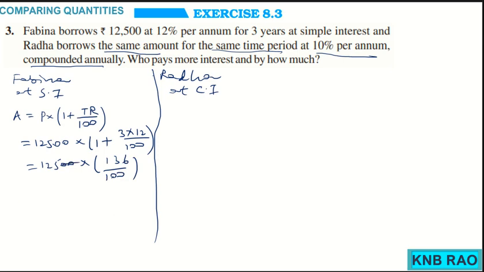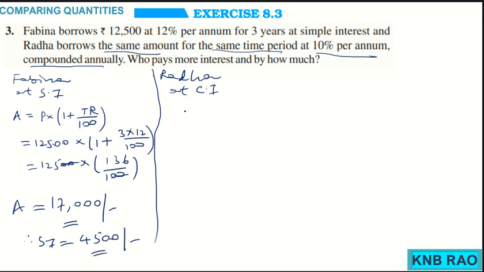Straight away I am finding the amount, in the case of Fabina, 17,000 is the amount. Therefore, simple interest will be the difference between 17,000 and 12,500, which is 4,500.